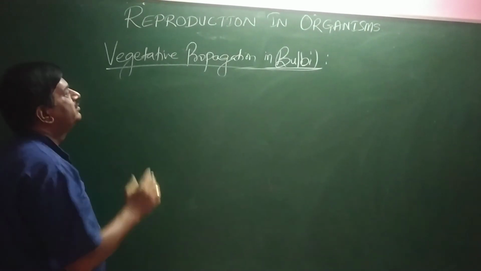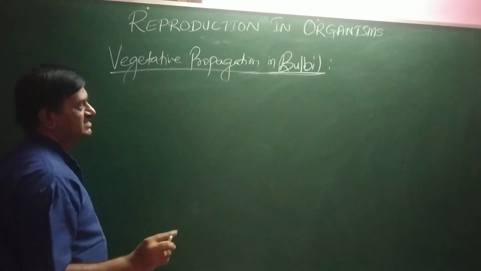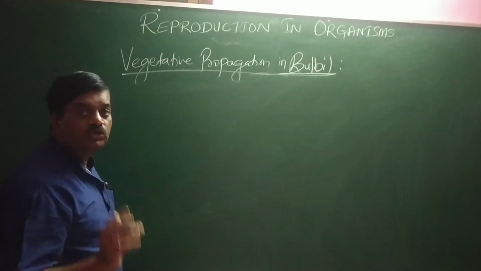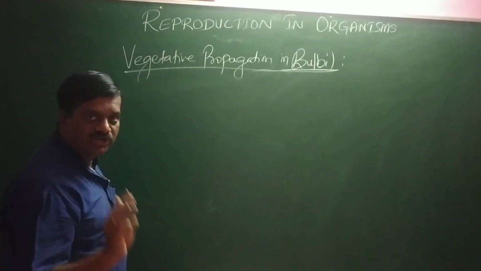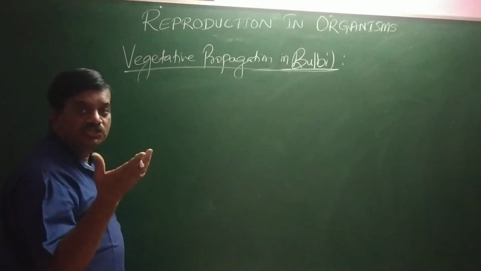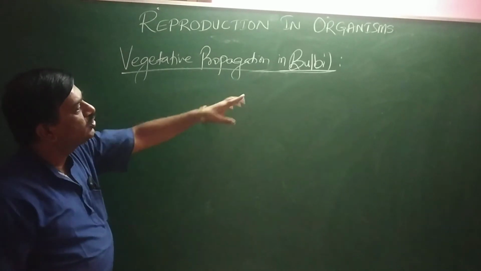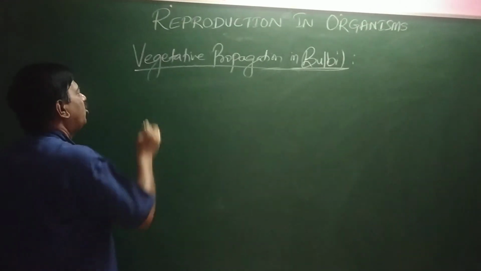We'll start with the next one called vegetative propagation in bulbils. The bulbils are small outgrowths, small spherical structures present at the nodal regions of the stem, or at the lower nodal regions of the stem. When these outgrowths are cut and removed, they give rise to a new plant body.